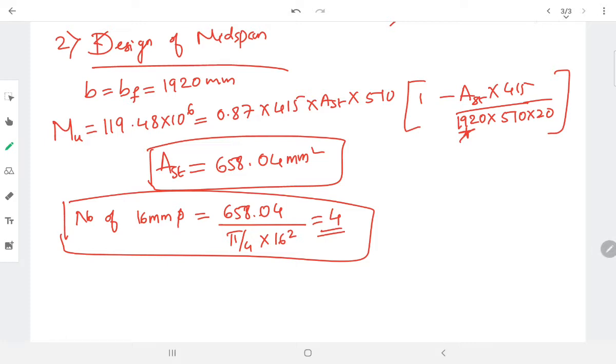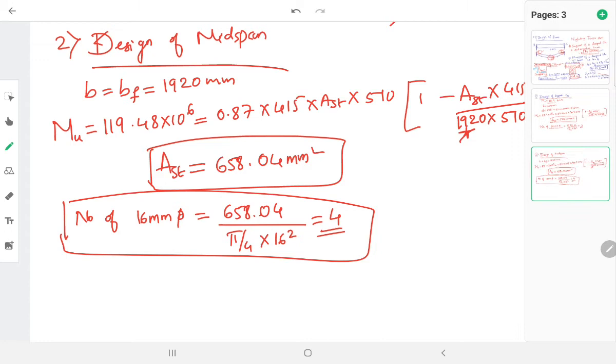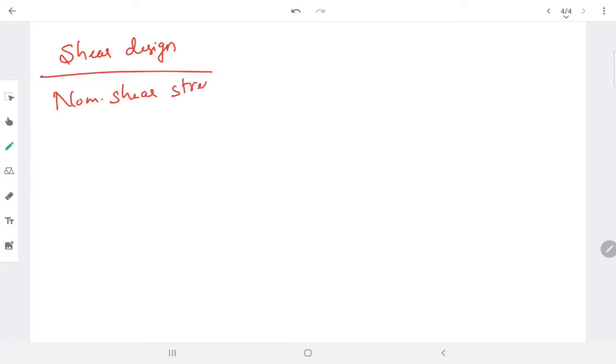Next step is to go for design of shear. So we need to design for shear. Nominal shear stress. Calculate the nominal shear stress, that is tau V equals Vu upon Bd. What is Vu?